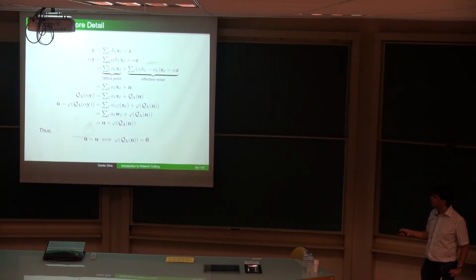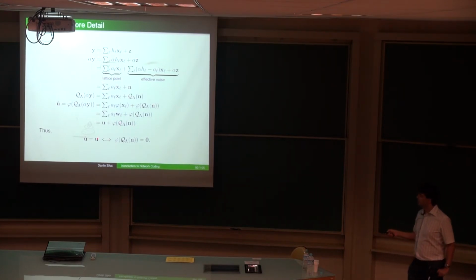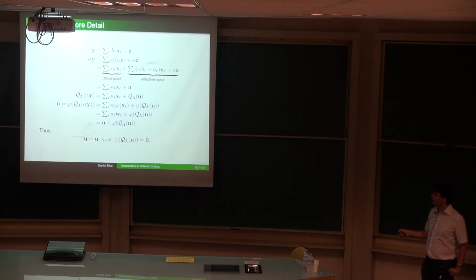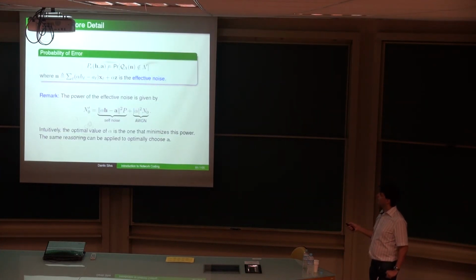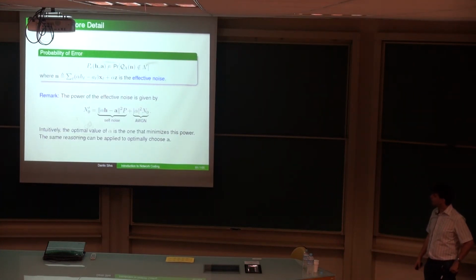And the remaining term here is your effective noise after decoding on the fine lattice and mapping to a message. So you will get the correct linear combination if and only if this term here is equal to 0. So basically, when your quantized effective noise is in the sublattice. Okay. So that's your expression for the probability of error.